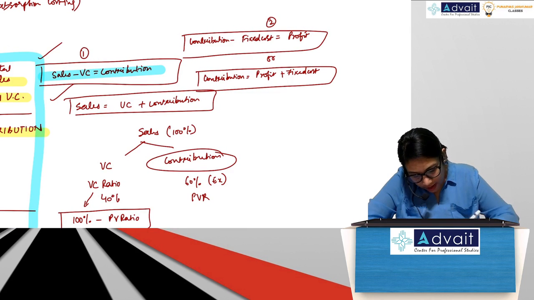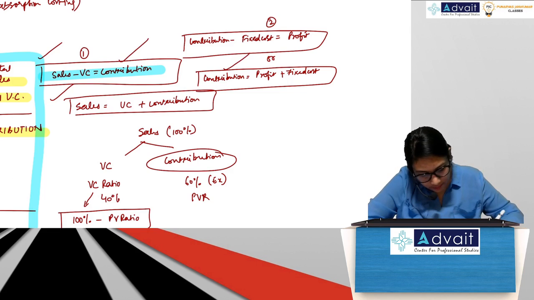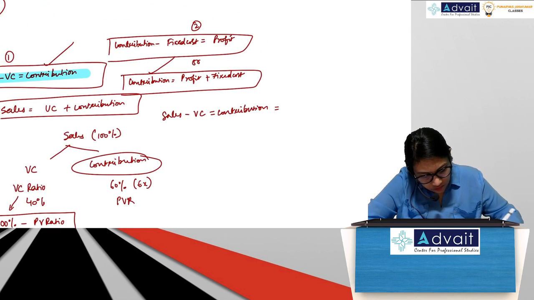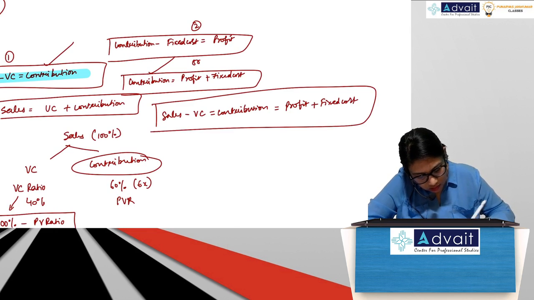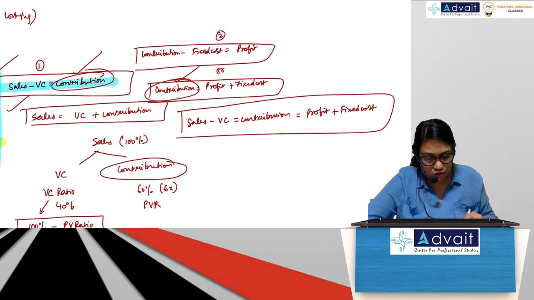So if I equate this and this, what will I get? Sales minus variable cost gives me contribution, which is nothing but profit plus fixed cost. See here, this is also contribution, this is also contribution. So what did I do?